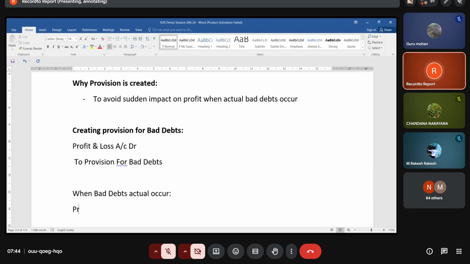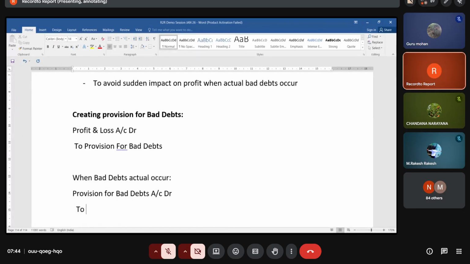Now, if you have a provision, we will debit the provision for bad debts account to debtors account. Okay, so this is the entry we will record. It's clear.